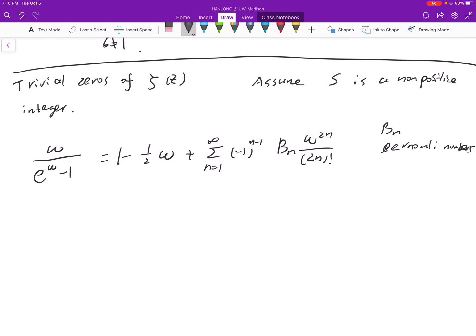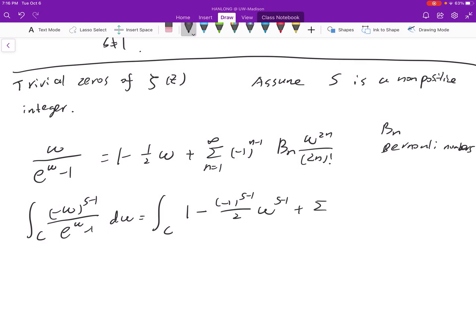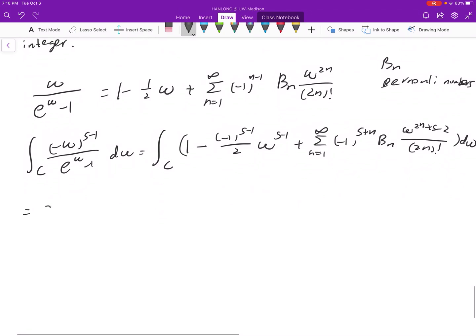And if you do the line integral, so you have this will be the integration of 1 minus negative 1 to the s minus 1 divided by 2 omega to the s minus 1 plus the sum over n equals 1 to infinity of negative 1 to the s plus n B_n omega to the 2n plus s minus 2 over 2n factorial d omega, and then it will be 2 pi i.